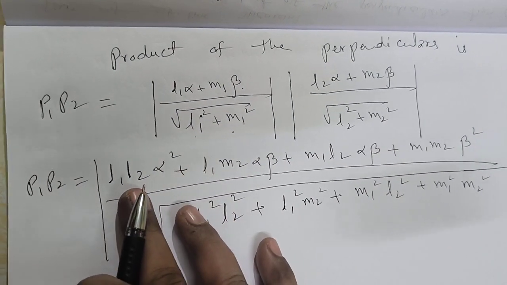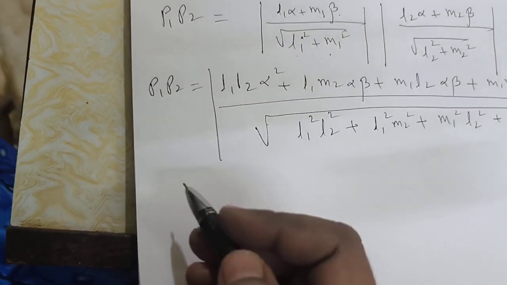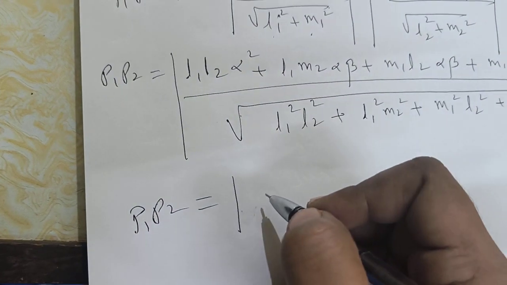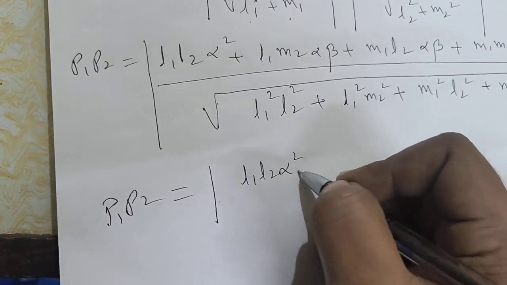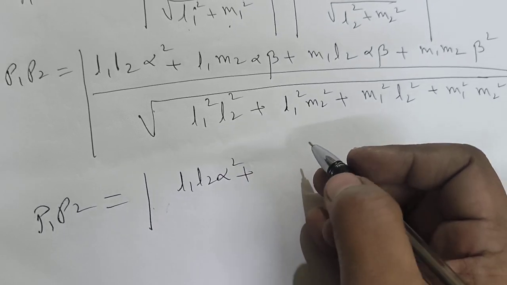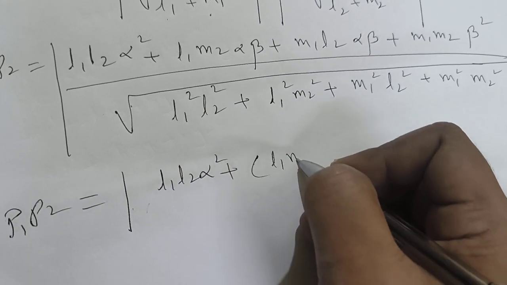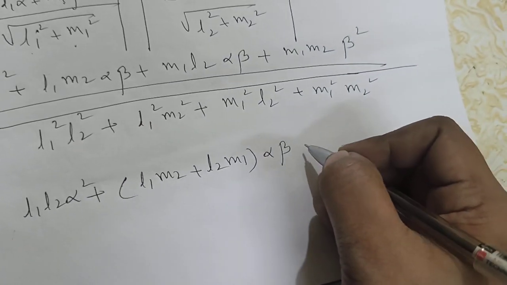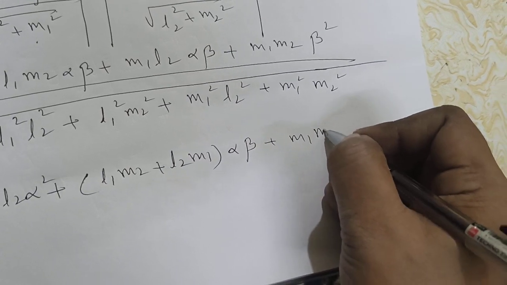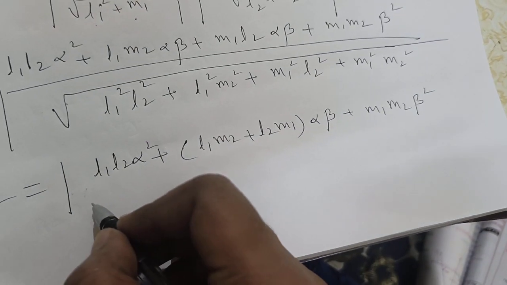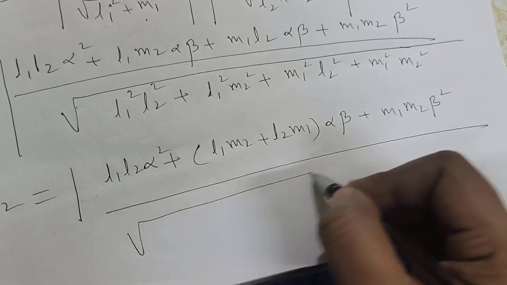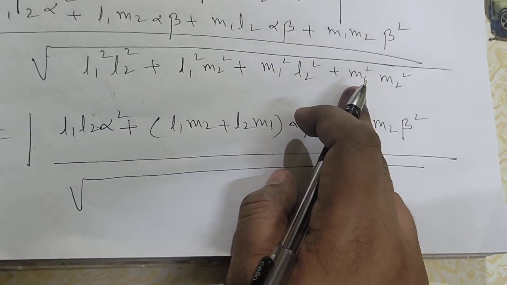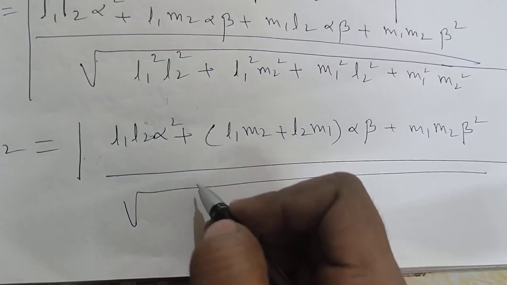Now in the numerator we have l1 l2, P1 P2, product of the perpendiculars. This is l1 l2 alpha square plus, from these two terms I am taking alpha beta common, this is (l1 m2 plus l2 m1) alpha beta, plus m1 m2 beta square, whole divided by, now we will write l1 l2 square plus m1 m2 square and this term in one bracket.